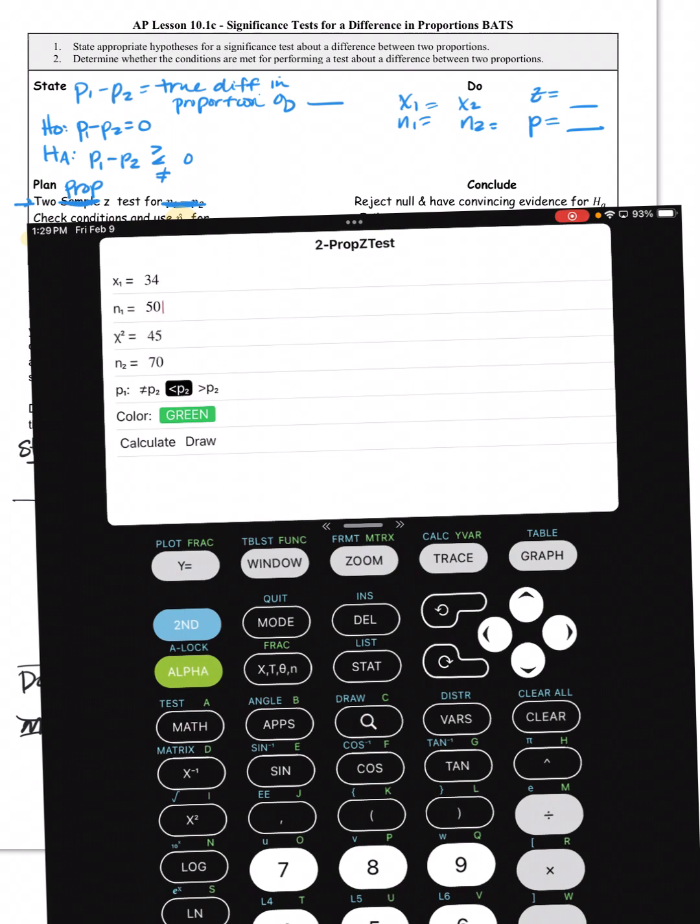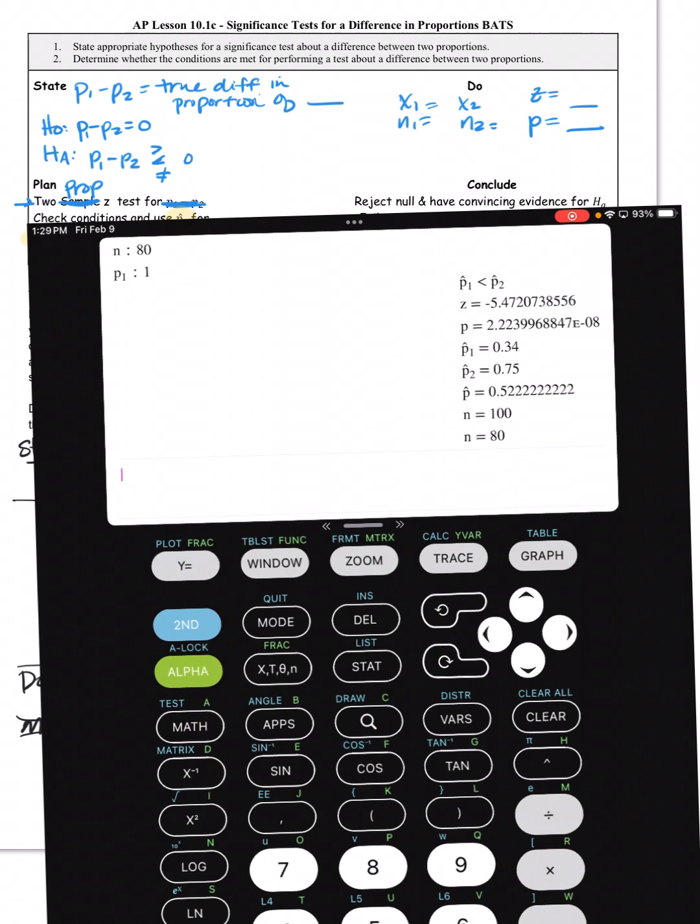So this was 100. This one was a little different: 0.75 times 80, and it will calculate it for you. So maybe you do this before you do your pooled proportion. But this is 80. All right. And we want less than, right? And then calculate.